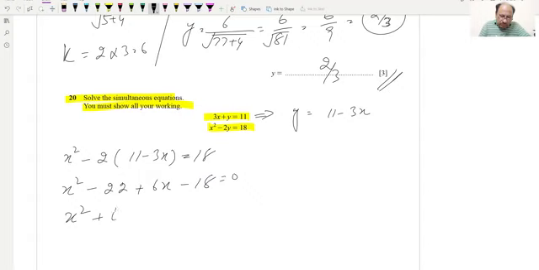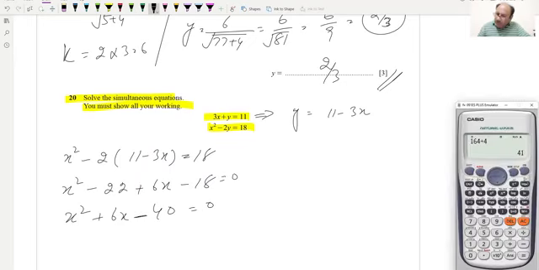So x squared plus 6x and minus, this will be 40. So minus 40 is equal to 0. Now we can apply the quadratic strategy. So the coefficient of x squared is 1 and the coefficient of x is 6 and minus 40, and this is equal to 4 and minus 10.